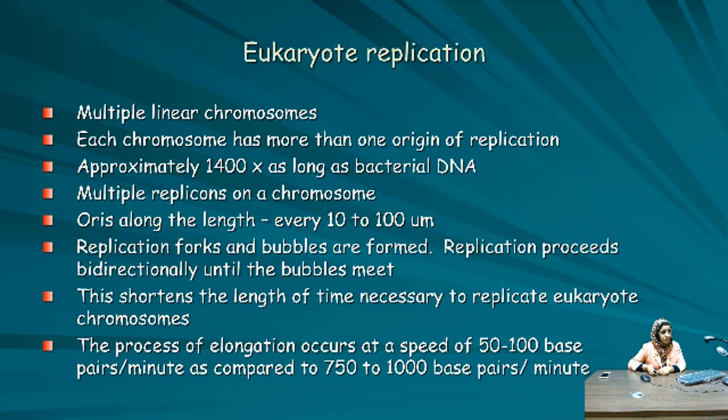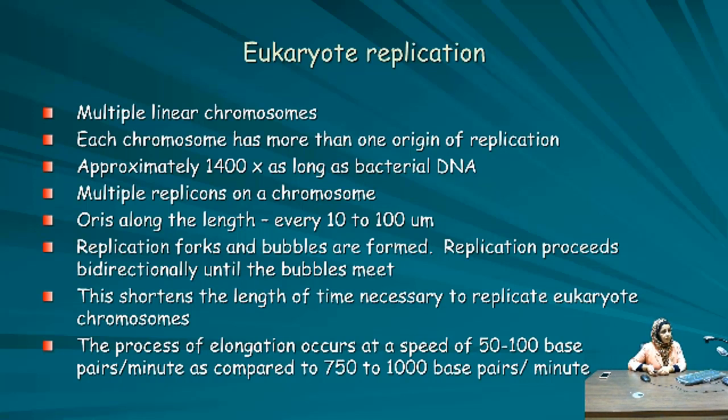Eukaryote DNA is approximately 1,400 times as long as bacterial DNA. So there are multiple replicons on a chromosome because of the multiple origins of replication.